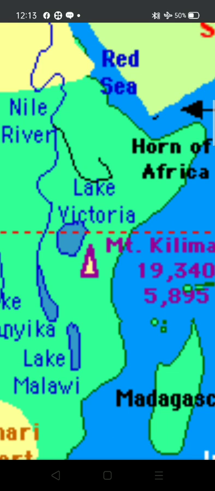So Indians and Arab traders knew about the eastern coast of Africa. Then how can we say that Africa was a dark continent? It is only Europeans who could not find it, but other parts of the world like Indians and Arabs knew Africa. So it is a misleading answer which is given by them.